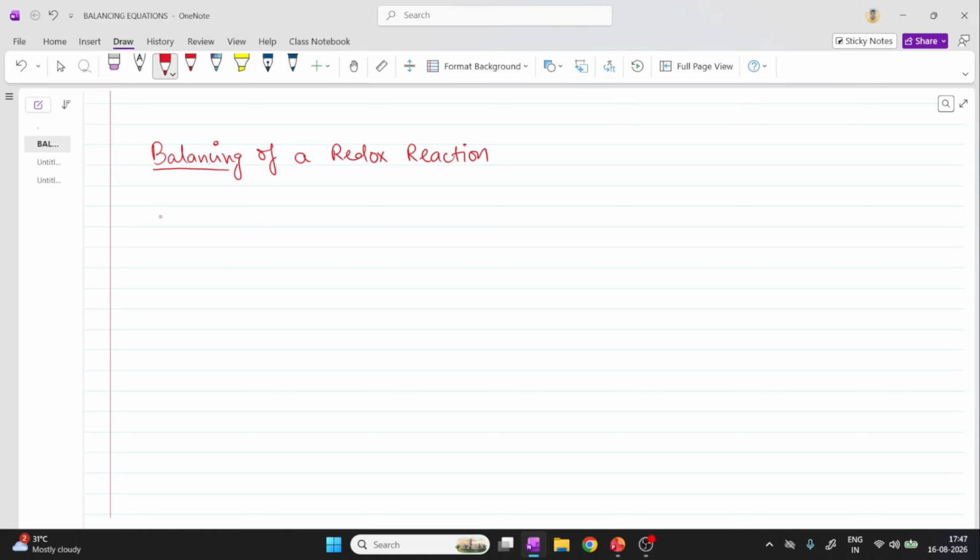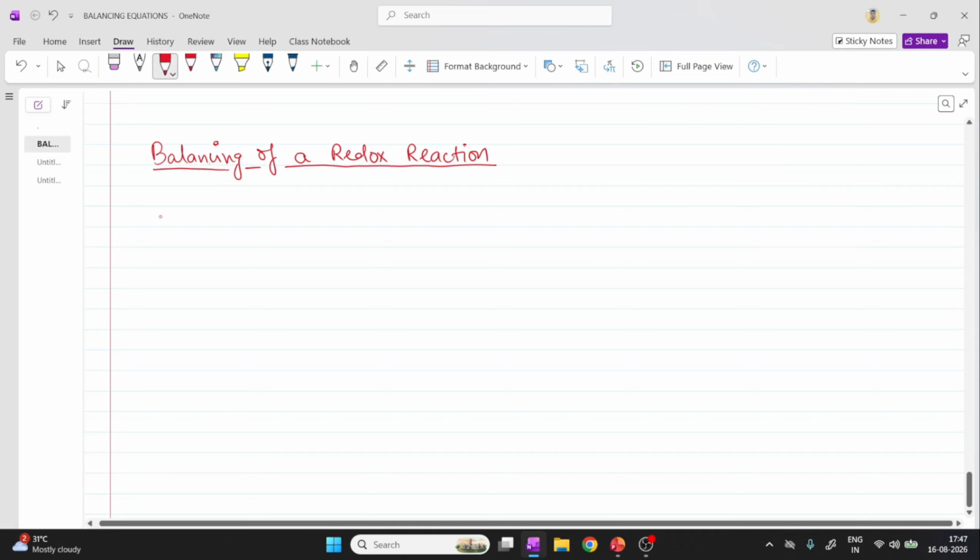When we talk about balancing, we already did balancing in grade 10th, using two ways: the hit and trial method, and the coefficient or algebraic method. This balancing is quite different from what we learned in grade 10th, so this is going to be slightly different.